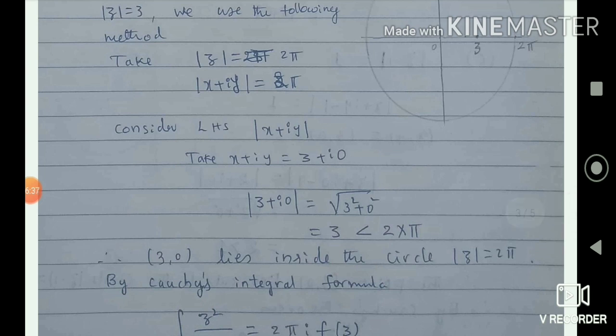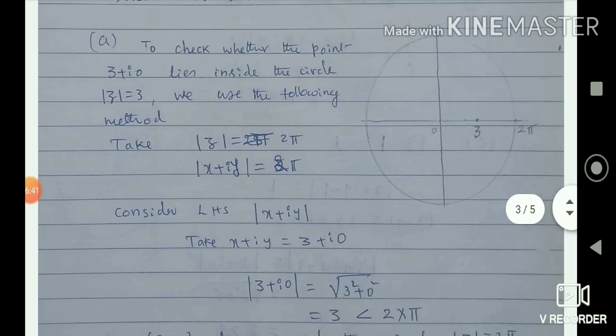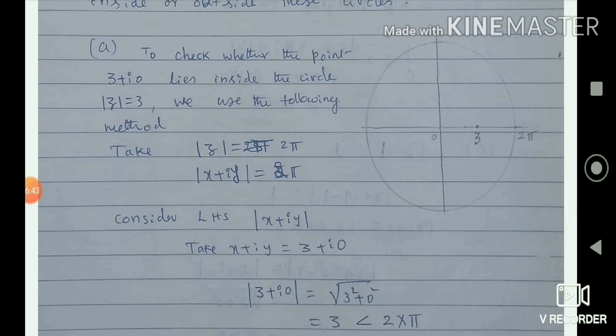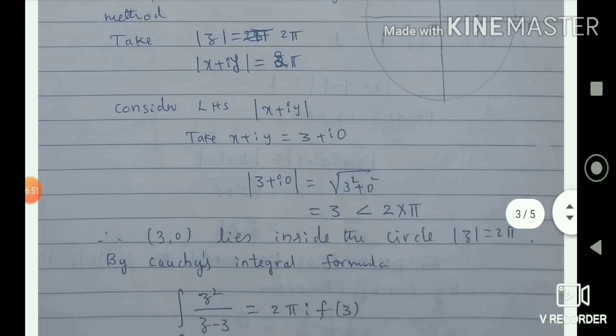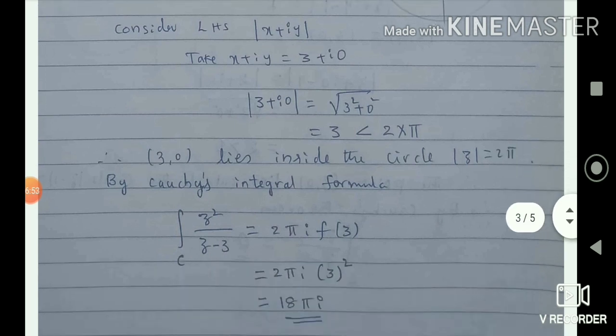Hence the point 3 comma 0 lies inside the circle of mod z equal to 2 pi. You can see in this figure representation that the point 3 comma 0 is inside the circle, and hence Cauchy's integral formula is applicable here.